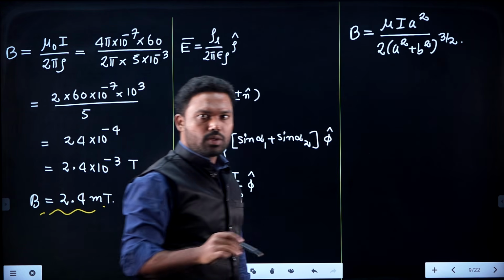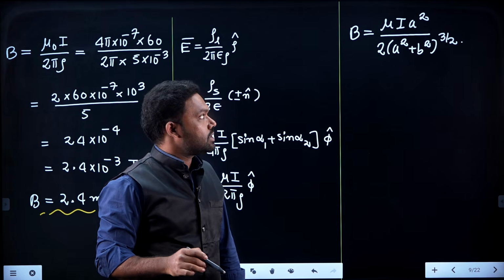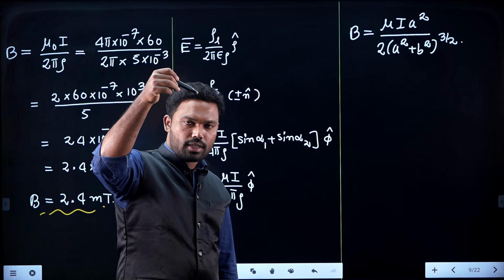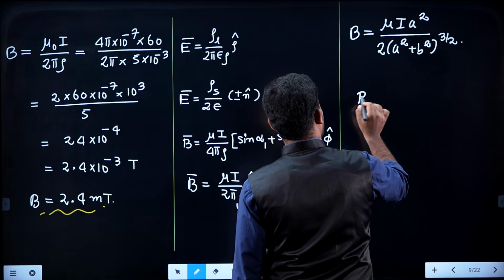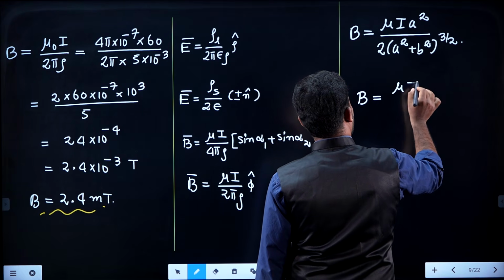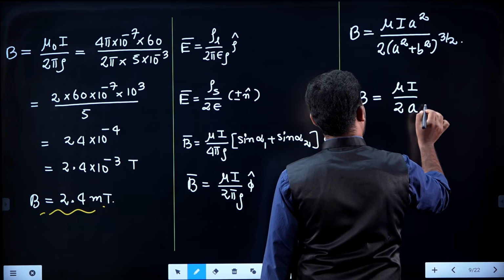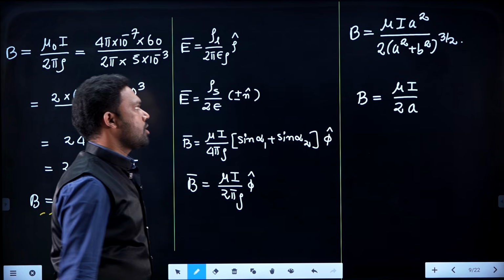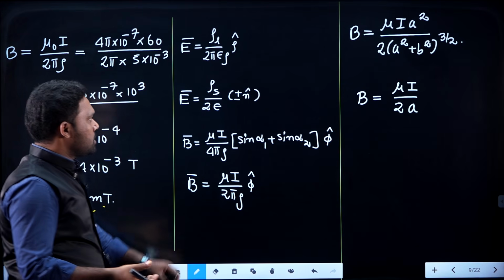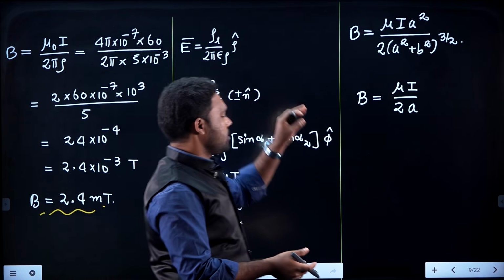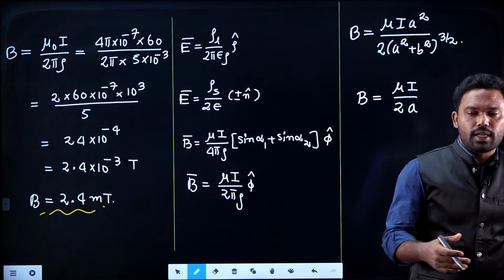This is the magnetic field due to a circular loop which has a radius a, at a distance b away from the center. If you want to find the magnetic field at the center, B is equal to mu I by 2a. These are the important formulas which you must remember for your exam. These are from electrostatics, these are from magnetostatics. Okay, fine. Let us proceed further.